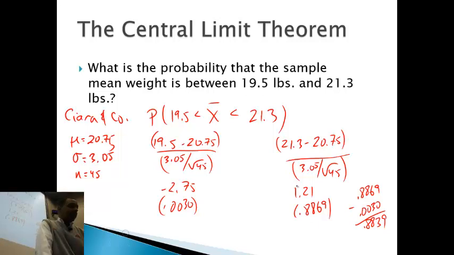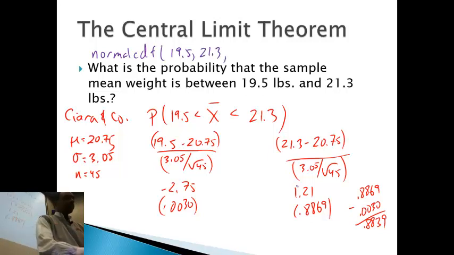How do you use a calculator to solve this one? Normal CDF, Sierra, 19.5 is correct. Perfect.